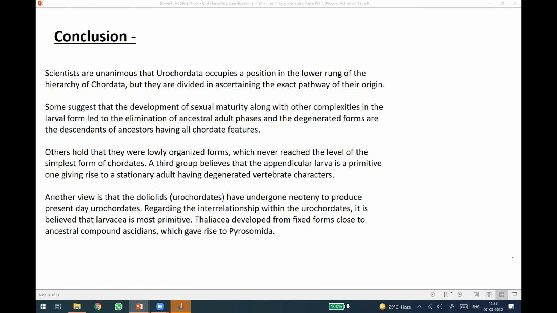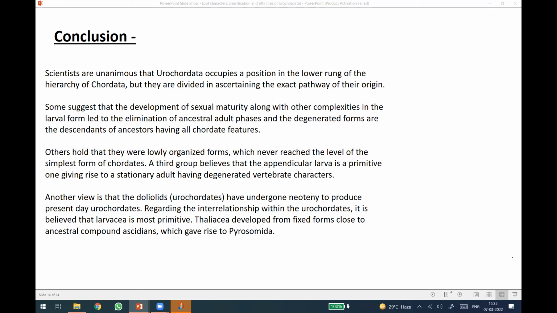A third group believes that the appendicularian larva is a primitive one, giving rise to a stationary adult having degenerated vertebrate characters. One more view is that the doliolids, that is the doliolums, have undergone neoteny to produce present-day urochordates.